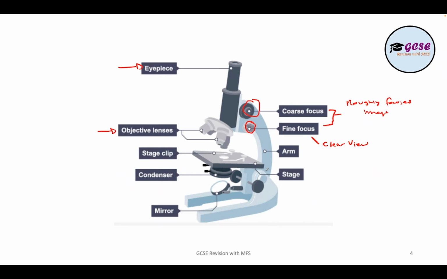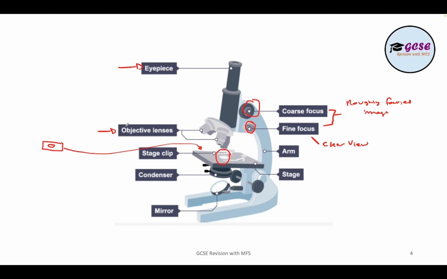The stage is where the specimen is placed. Over here, you've got the specimen. The specimen is normally placed on a slide. So we've got a slide and we've got our specimen in the middle, and this is placed on the stage clip on the stage.